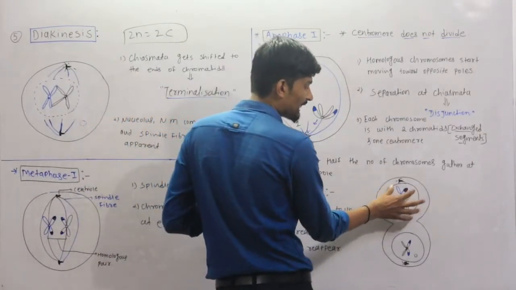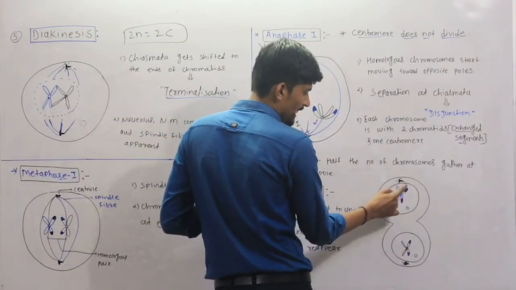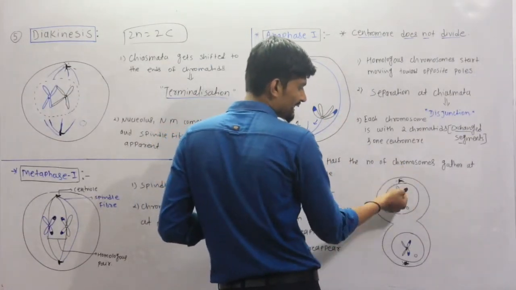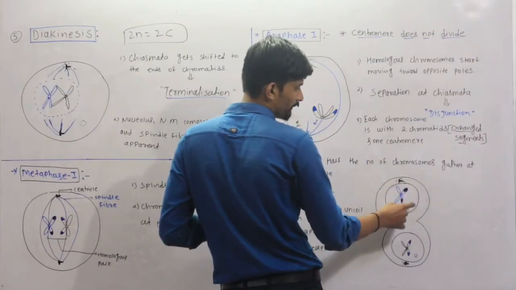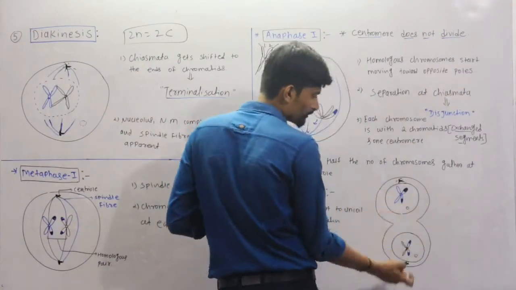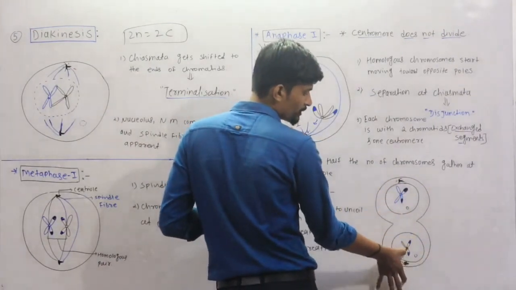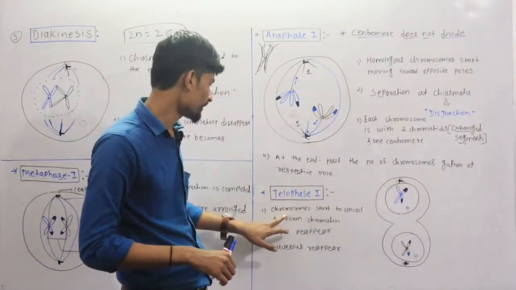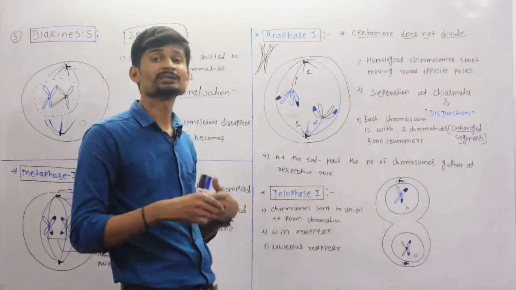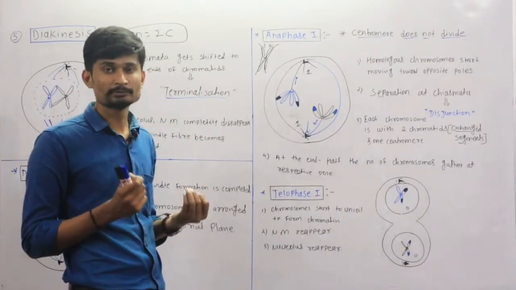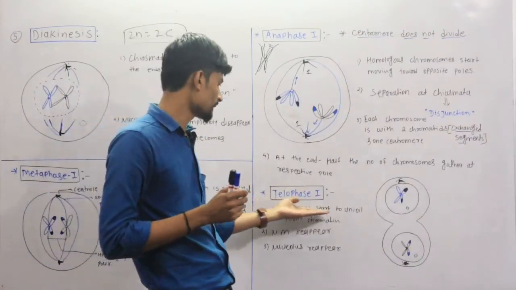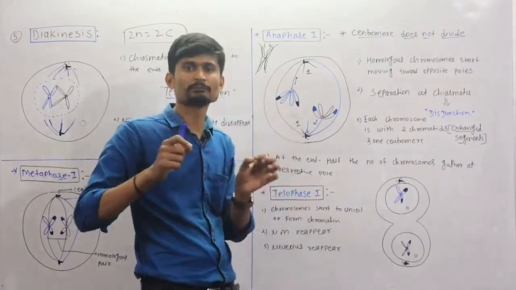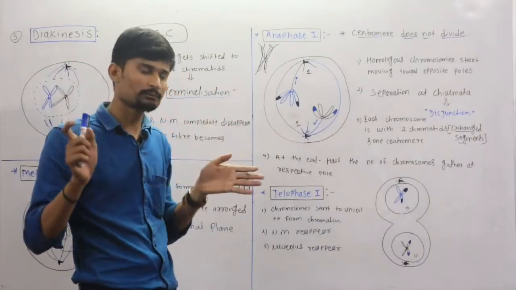Finally the chromosomes have reached their respective poles, and as they reach the poles with the exchanged segments, there is a reappearance of the nuclear membrane, and of the nucleus at the respective poles. Another point is that chromosomes start to uncoil again. They were condensed and short, and now they start to uncoil to form chromatin, the thread-like chromatin network.